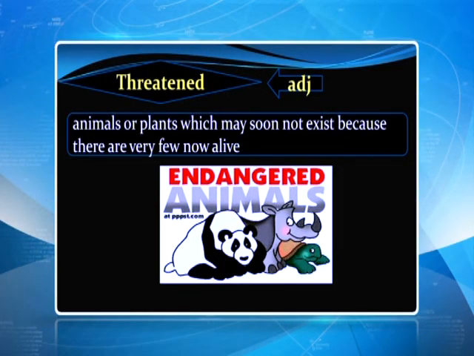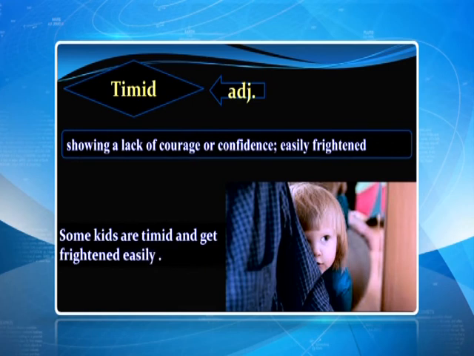Their numbers are decreasing. So we say animals or plants which may soon not exist because there are very few now alive. All right, let's see the definition, the meaning. Showing a lack of courage or confidence, easily frightened. Some kids are timid and get frightened easily.